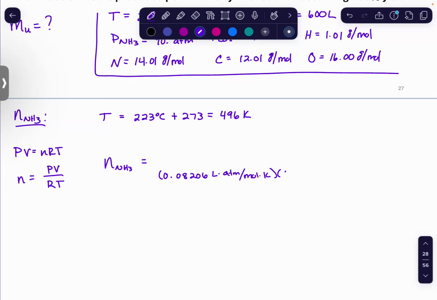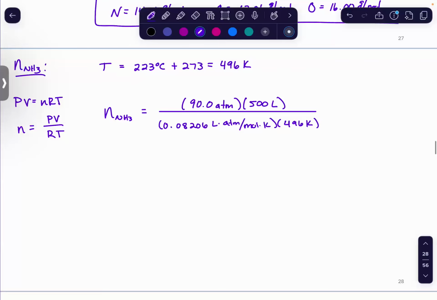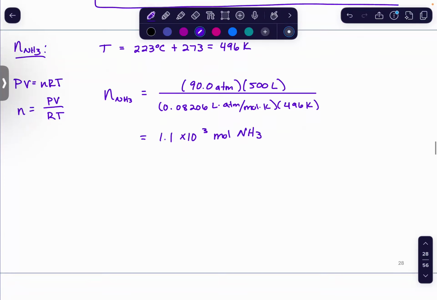T is 496 Kelvin. Pressure for ammonia, 90 atmospheres. And then volume is 500 liters that was pumped in. It's pumped in every minute. So every minute, the moles of ammonia that we get is going to be 1.1 times 10 to the third moles of ammonia.